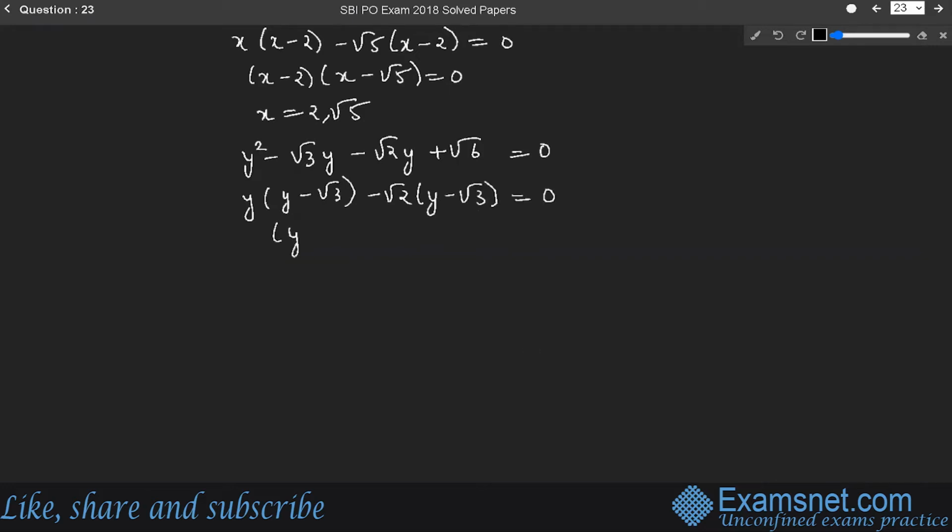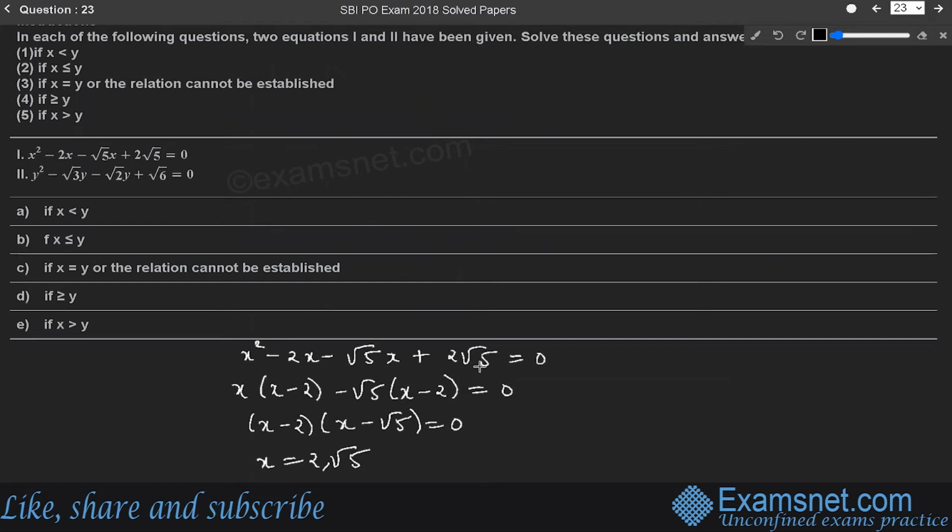So the factors will be y minus root 3 and y minus root 2 is equal to 0. So the values of y will be root 3 and root 2. Here we can say that x is greater than y because x is equal to 2 and root 5 and y is equal to root 2 and root 3. So the relation between x and y is x is greater than y. Hence the correct option is option number E here.